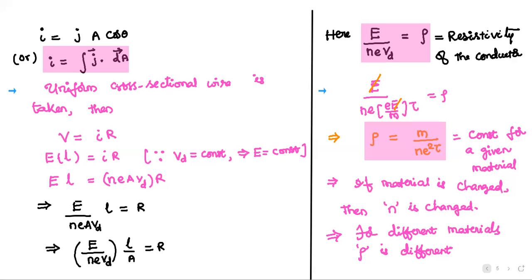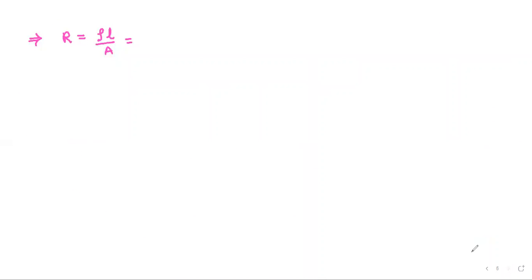Okay, that implies we write R equals rho L by A. In terms of relaxation time, rho is replaced with m by n e square tau into L by A. This is a previously given question in the exam: how the resistance depends on relaxation time.